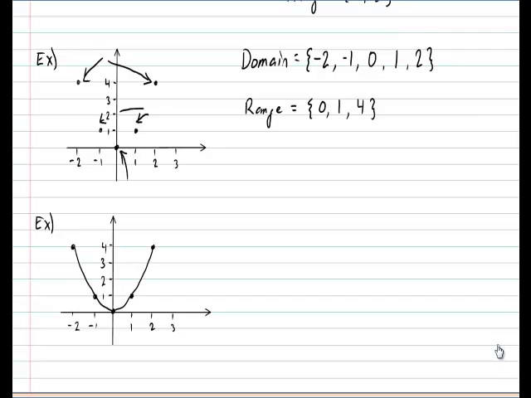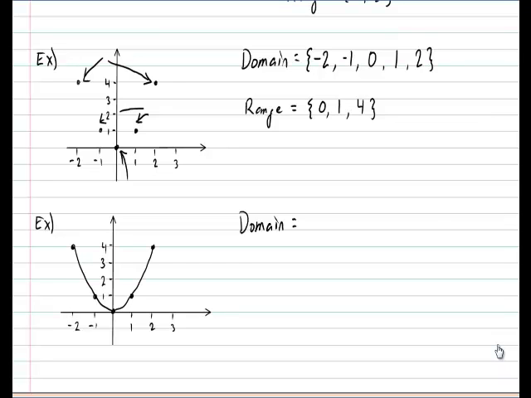Alright, now let's take a look at the difference between this graph and the previous graph and how that affects the domain and the range. So, let's look at the domain. The domain, remember, are all the elements on the x-axis that form the graph.